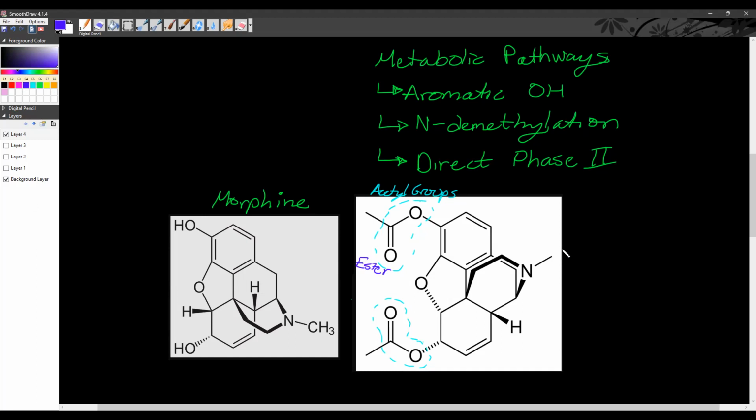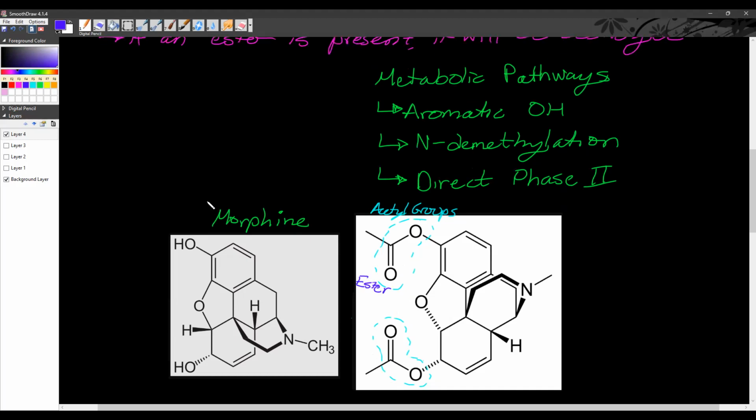No. So why have this group if it's just going to get removed very quickly and then we can go directly through phase 2? The reason is that adding esters improves what? Exactly, lipophilicity.